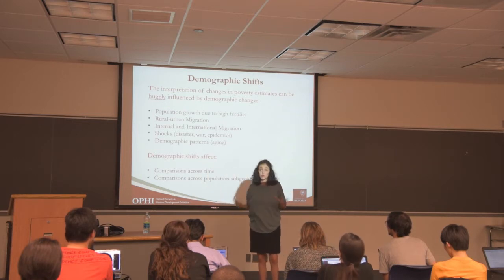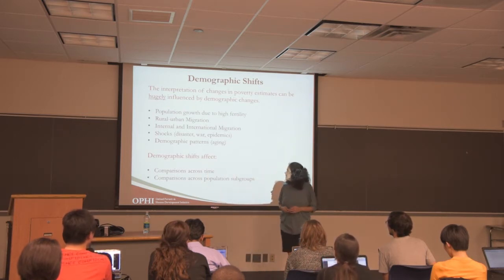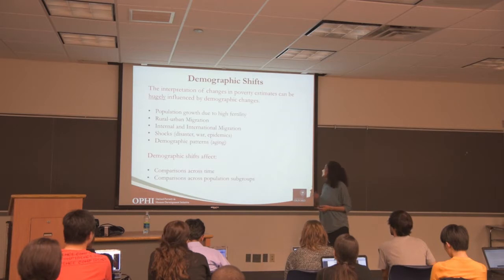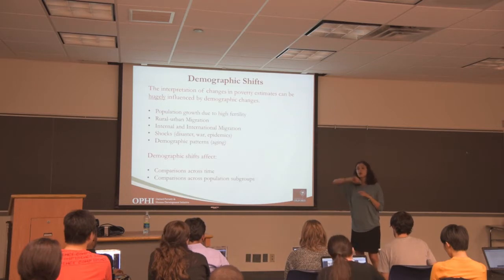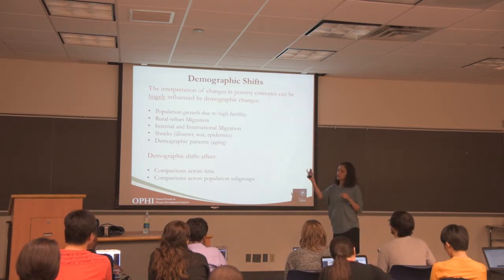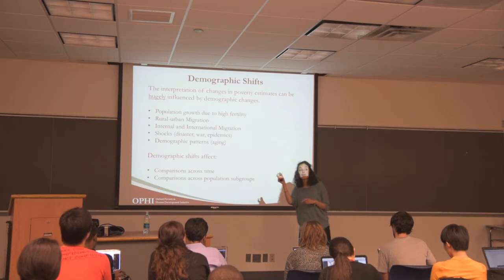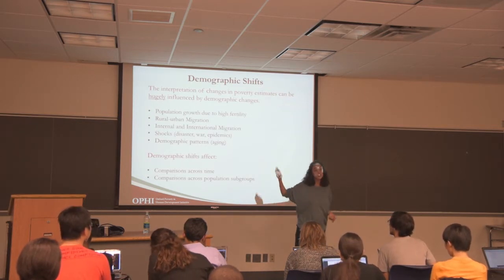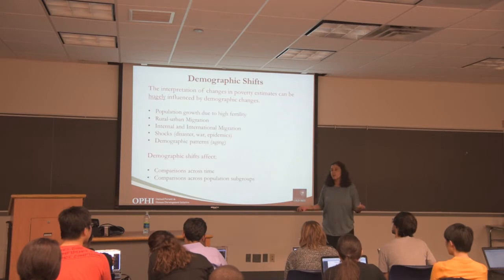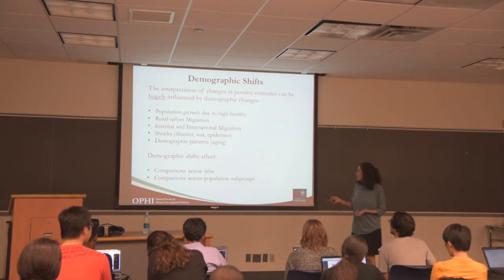It might be just because we have fewer children. These demographic shifts also might affect comparisons across time, and comparisons across groups. When you do comparisons by groups, remember you always have as a weight the share of that population group, but the shares of the population groups might change, especially over 12 years. Other things can happen.